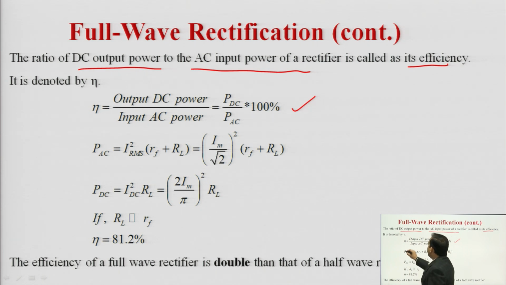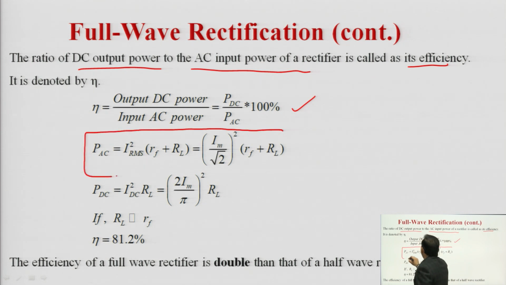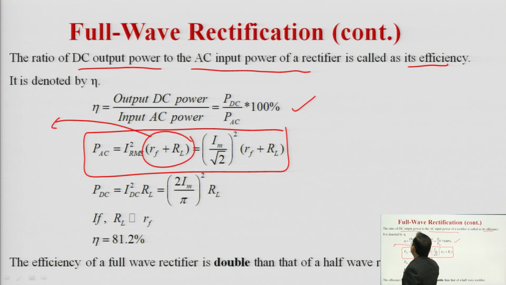PAC is Irms square multiplied by the resistance. Now, what are these resistances? We have already seen them in the half wave rectifier: RL is the load resistance, and the small RF is the diode resistance during forward bias.